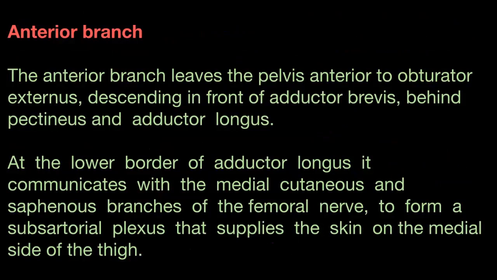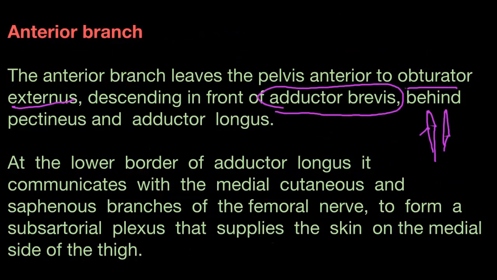The anterior branch leaves the pelvis anterior to the obturator externus, descending in front of adductor brevis, behind pectineus and adductor longus. So in the middle is adductor brevis.